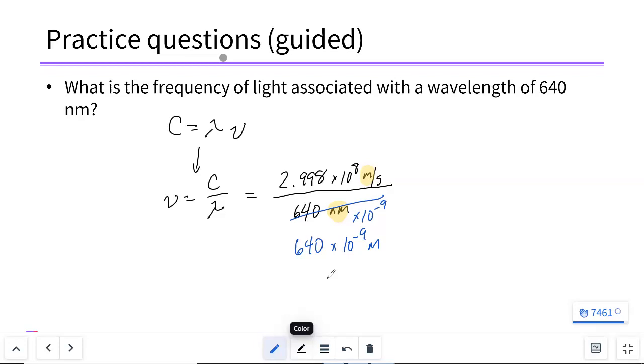So if I'm just trying to save myself a little bit of time here, improper scientific notation is okay. I'm just putting it into the calculator. I'll make it proper by the time I report the actual answer. So 2.998 times 10 to the 8th, divided by 640 times 10 to the negative 9th.